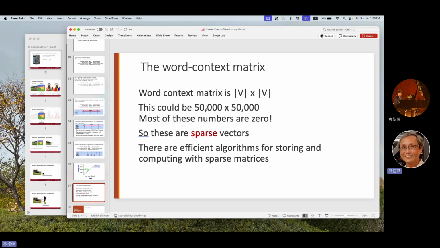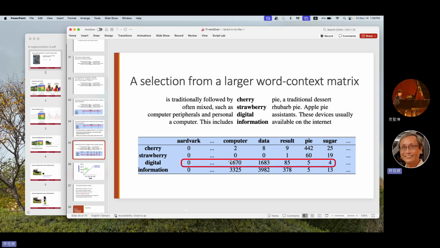However, the problem with this is that there are going to be a lot of zeros, because each word is not going to be close to every word. Most of the vector representing each word is going to have too many zeros, and even the non-zero numbers are going to be very small.